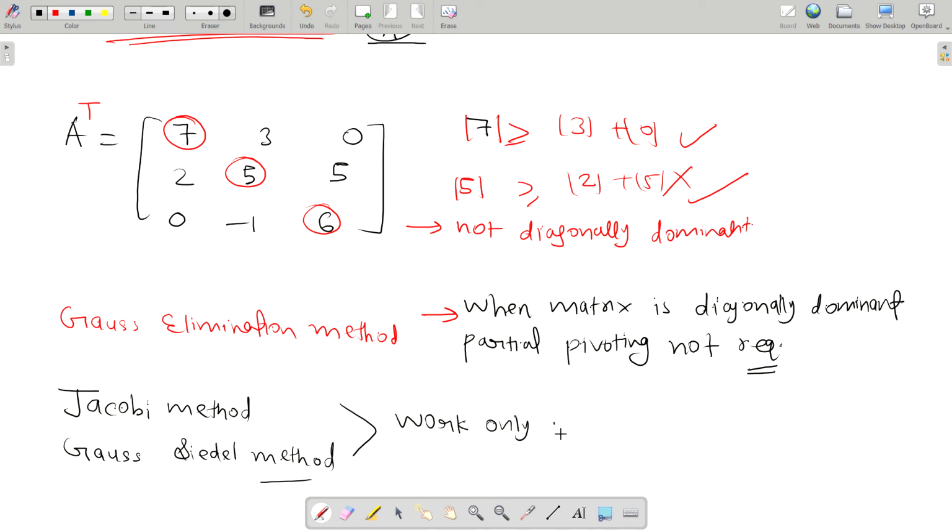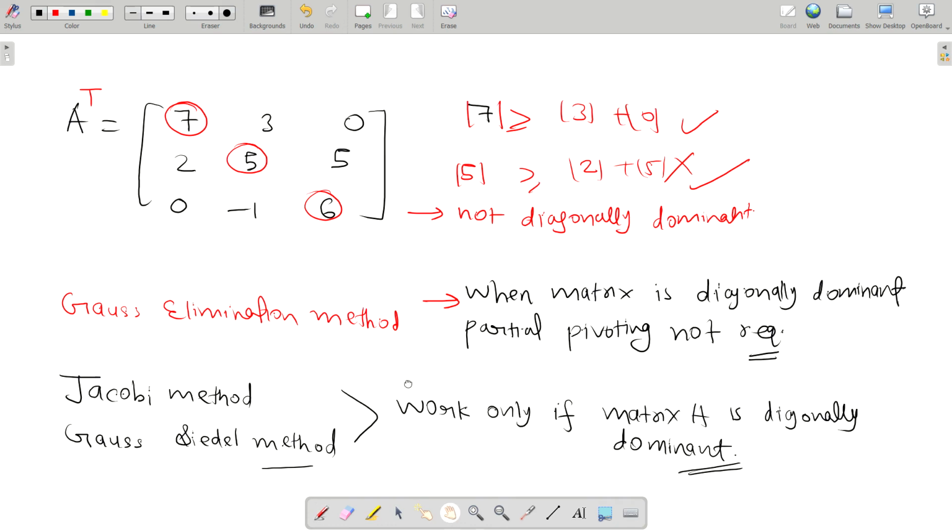They converge to a particular value only if the matrix is diagonally dominant.